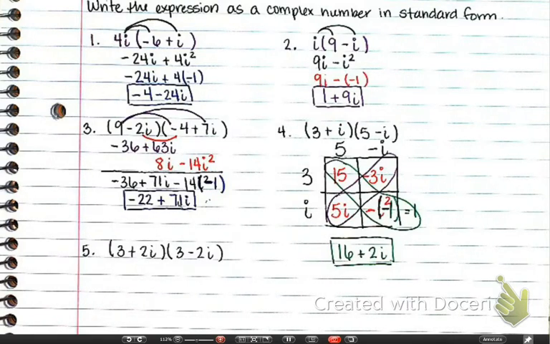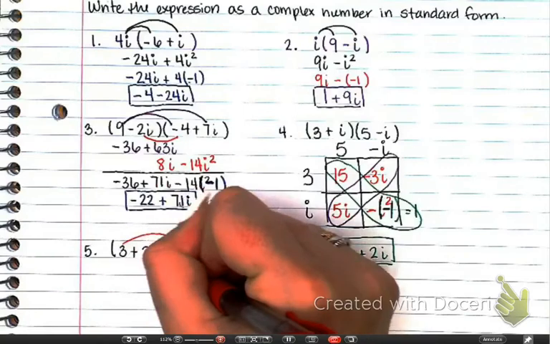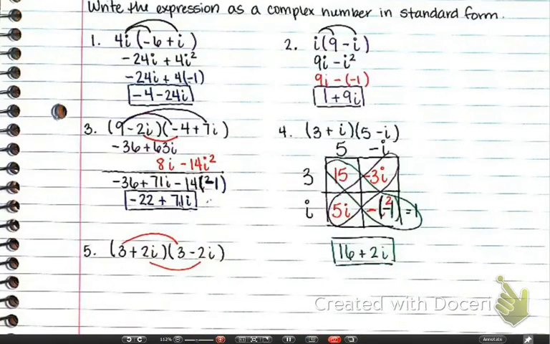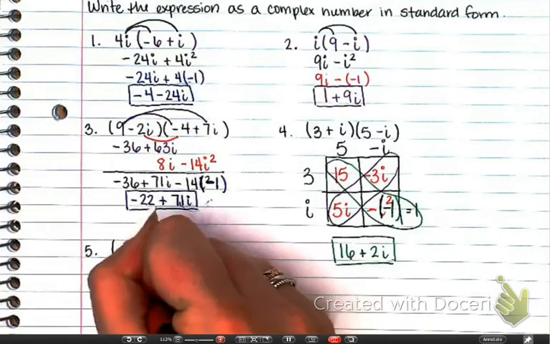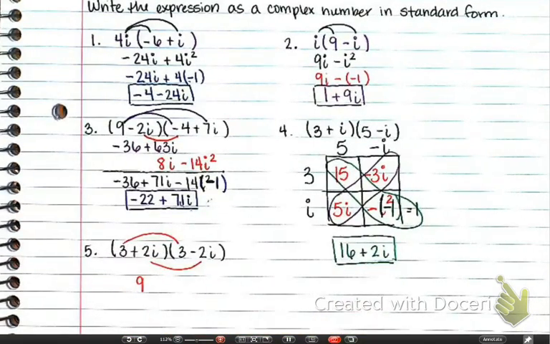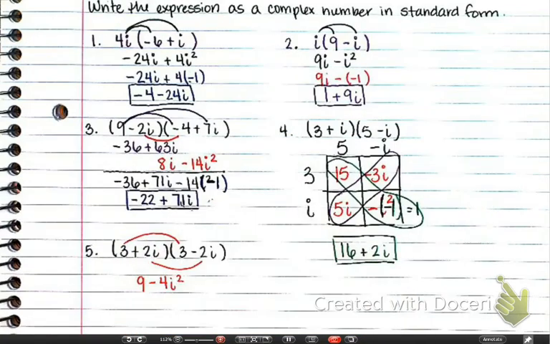So if it's difference of squares, you can multiply the first terms and the last terms. If you don't notice that it's difference of squares, you're going to use the box, and those middle terms are going to cancel because you're going to have a 6i and a negative 6i that cancel out. 3 times 3 is 9. 2 times negative 2i is negative 4i squared.